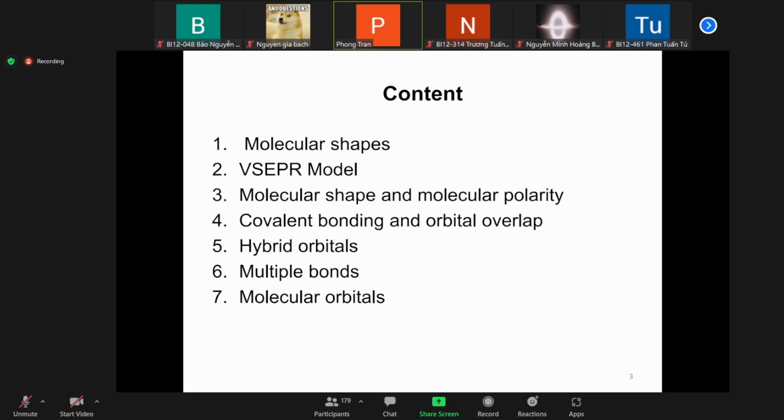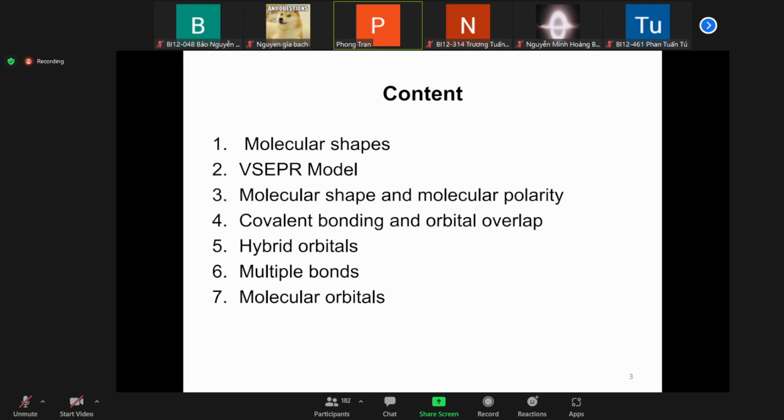So we have the concept of molecular orbital, one of the most advanced theories in chemical bonding. We can explain several important chemical reactions and physical properties, especially when we talk about the excited state.